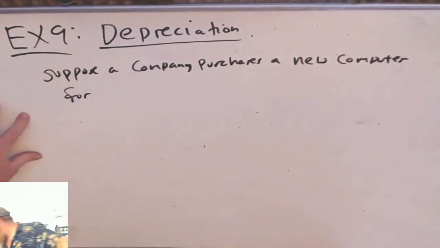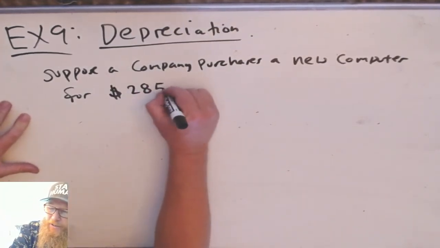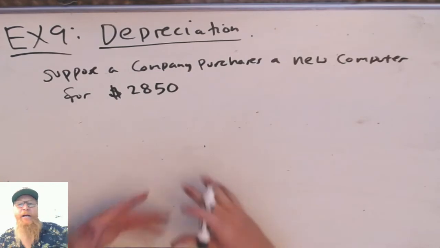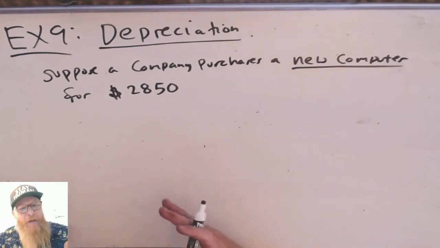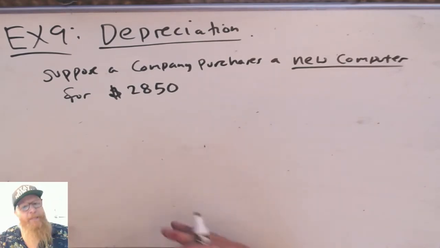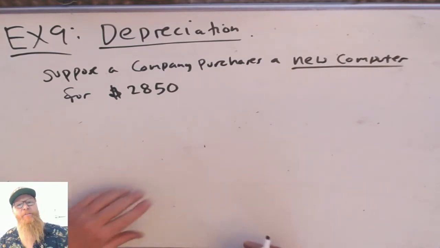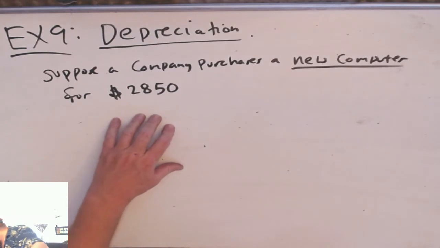So we've done this before. I think we did it with a truck or a bulldozer or a car or something like that. And today I'm calling it a computer. But depreciation essentially is what companies use to depreciate the value of an object. They can write it off on their taxes. They can also replace that item when its useful life is gone. So a new computer for $2,850.